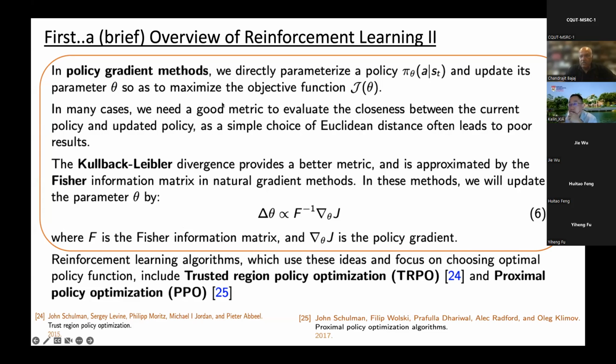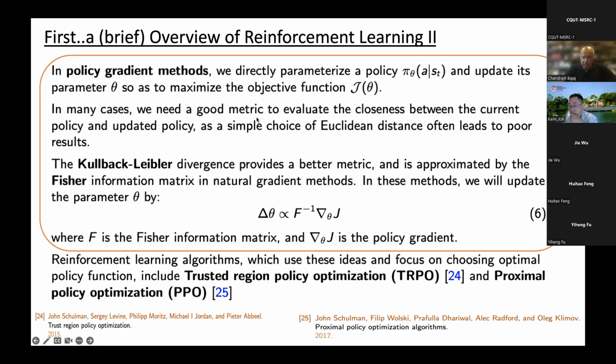In agent training, you're basically trying to optimize your policy, your action policy, to give you the optimal reward in all of your decision making. And naturally, policy gradient methods, which are based on differential programming, parameterize this policy and update its parameters so as to maximize its objective through backward stochastic gradient methods and others.